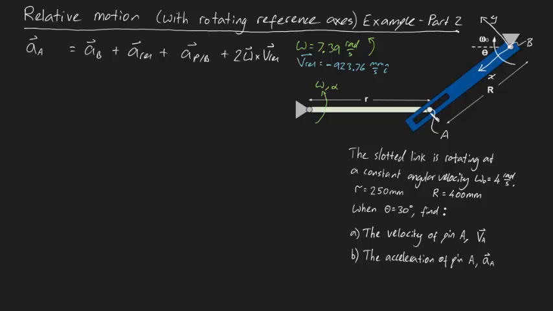Now, what does this tell us about the acceleration of point A? Well, we know it must be undergoing a circular path because of this link just here. And so that means it must have a tangential component of its acceleration, which will be facing perfectly upwards, and that will have a magnitude of alpha r.